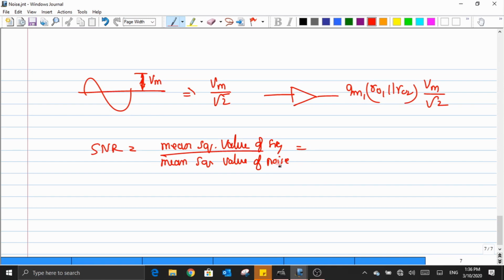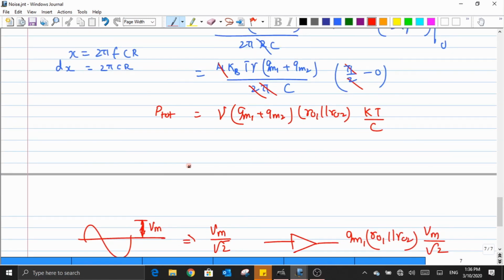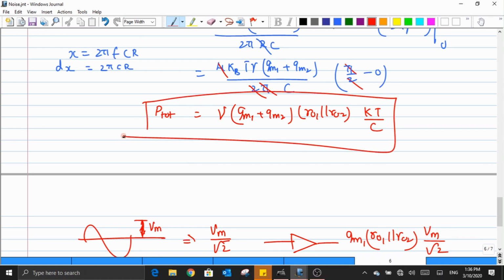Okay. Now what is this mean square value of a noise? It's nothing but the total power that we computed at the output. Clear? So I have the total noise power at the output. I also have the total signal power at the output. In order to get the signal power, the RMS value has to be squared. Clear?